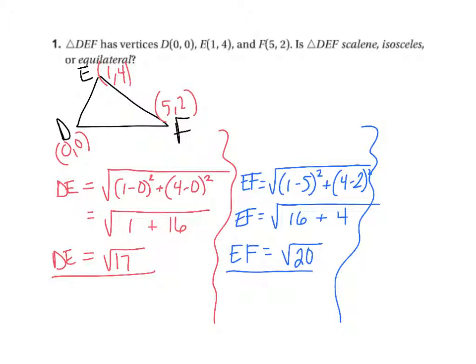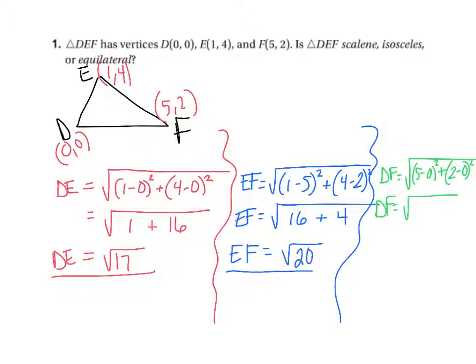Let's try the last one. I'm going to do DF. Big square root, x minus x. So I'm going to go with 5 minus 0 squared, plus y minus y, I'm going to do 2 minus 0 squared.